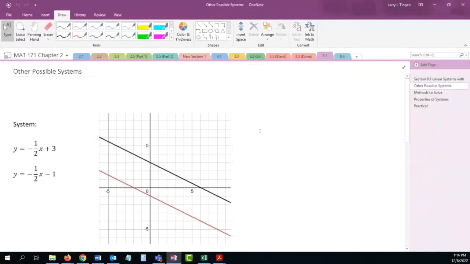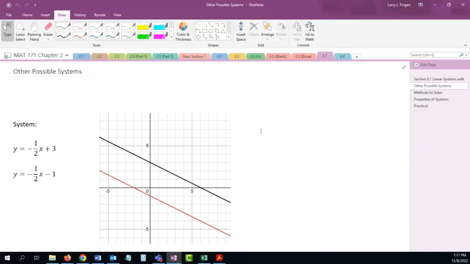All right, so next we have these 2 lines. Take a look at them. I do know something about how these 2 lines are related, because they have the same slope, right? They are falling from left to right at the same rate. So what does that mean?